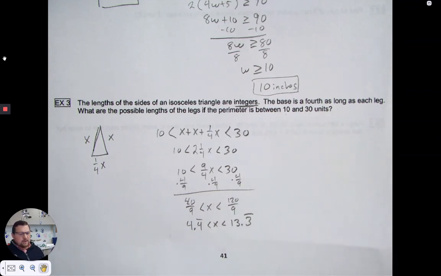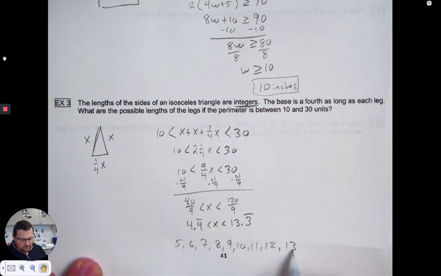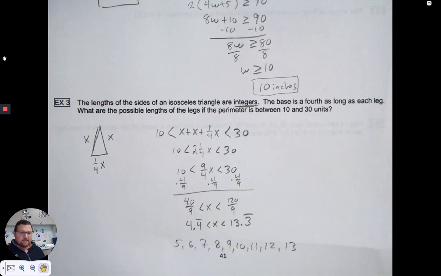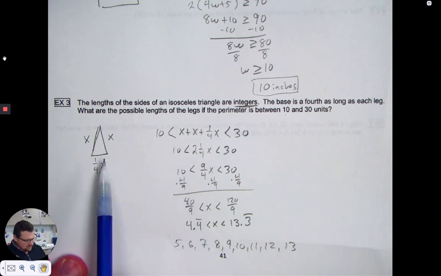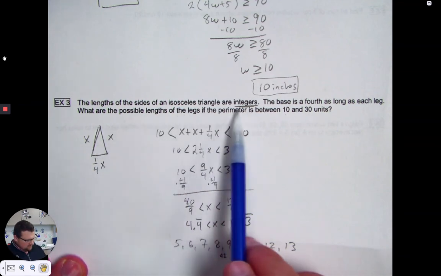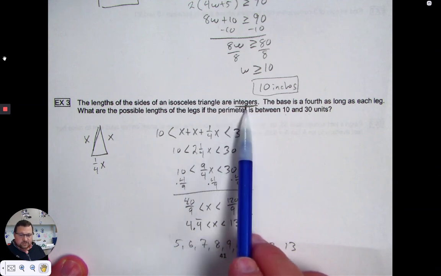Realistically, what are the integers that fall between 4.4 and 13.3? That would be 5, 6, 7, 8, 9, 10, 11, 12, and 13. But now we have to go back to the fact that all sides of the triangle are integers.